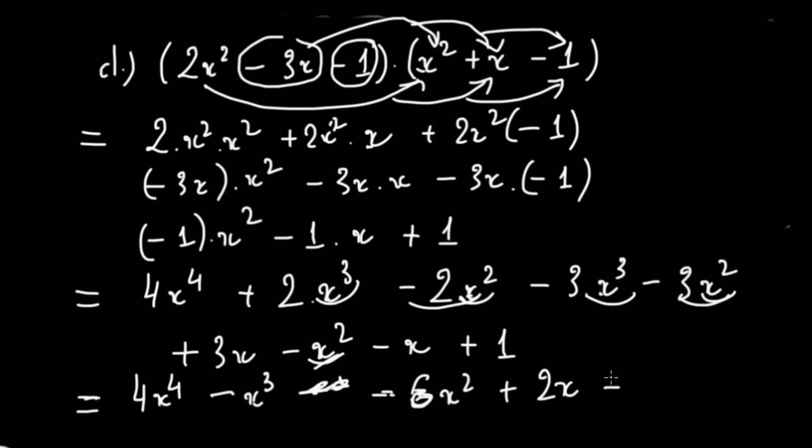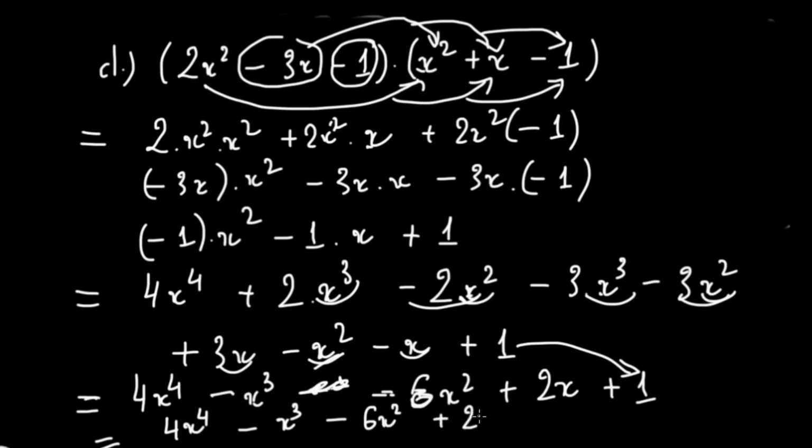And we put the 1s, this one and this one together, and 1 we put down. And it equals 4x to the fourth, minus x to the third, minus 6x squared, plus 2x plus 1. And this is the result.